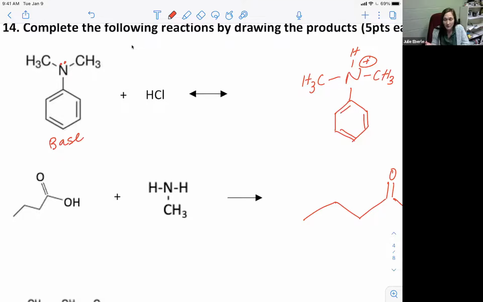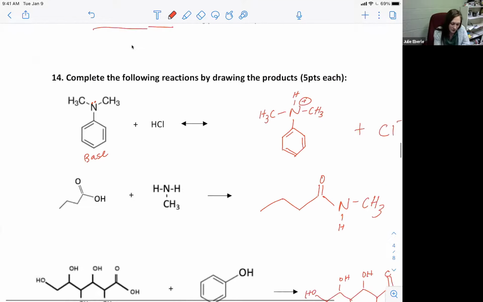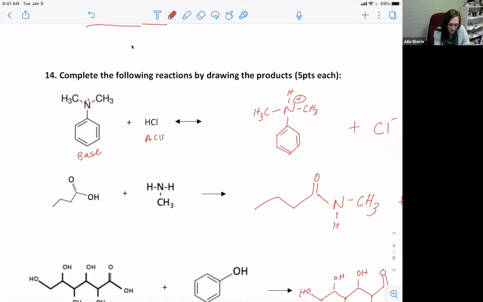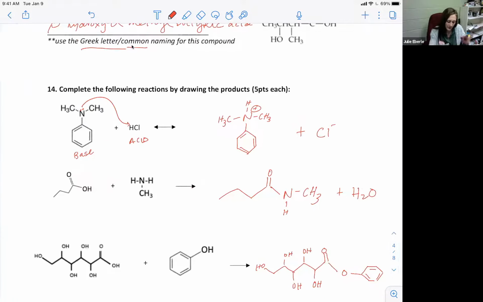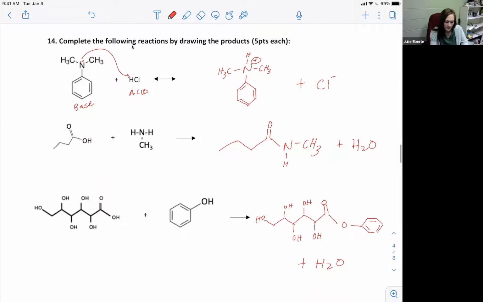I think most everybody got this. This was your acid. So that lone pair is going to grab this hydrogen right there, and you draw the same molecules, just the hydrogen transferred over, your conjugate base and conjugate acid, and that was that. An ammonium compound, and then your chloride anion. You didn't have to name it or anything.